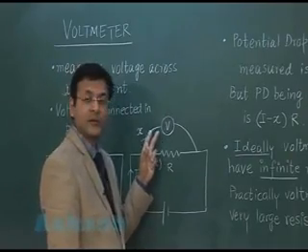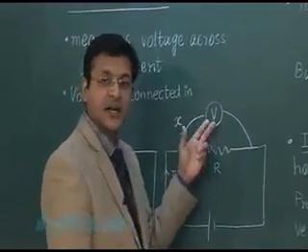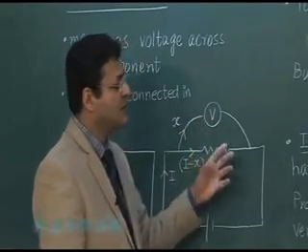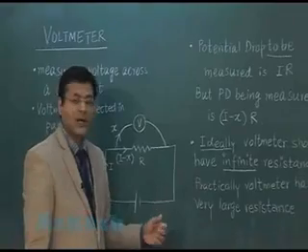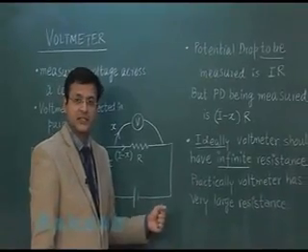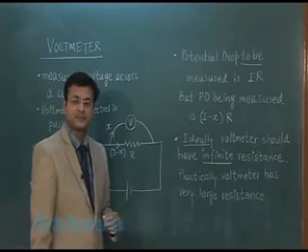The ideal resistance of a voltmeter should be infinite, otherwise errors will come. If you want to keep the error minimized, then practically the voltmeter should have a very large resistance. You understand? We have given its explanation here.